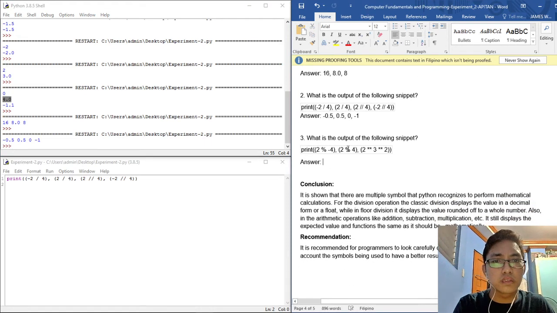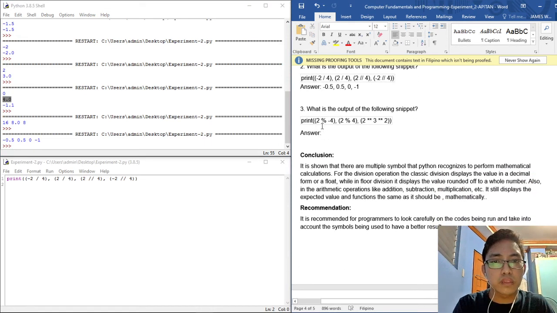Next is to use this code. But first, 2 divided by negative 4 will have a remainder of negative 2. This is 2 divided by 4, it's positive 2. And 2 raised to 3 raised to 2. 3 raised to 2 is 9. So 2 raised to 9.